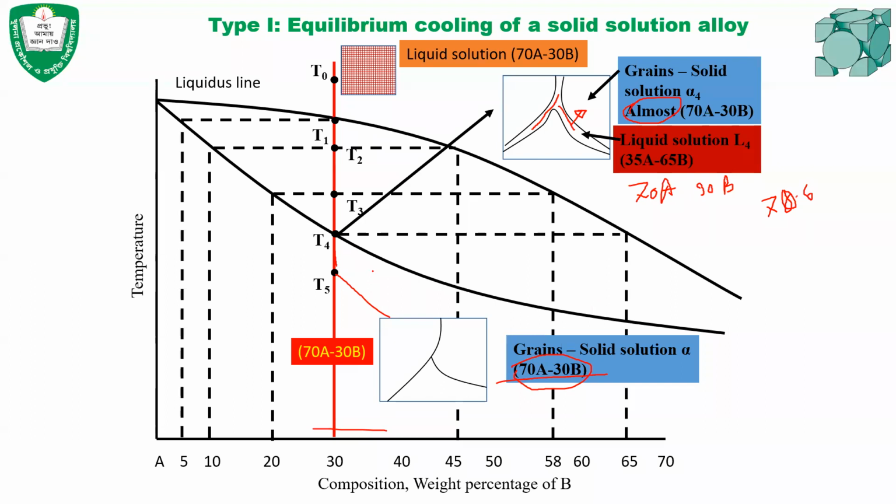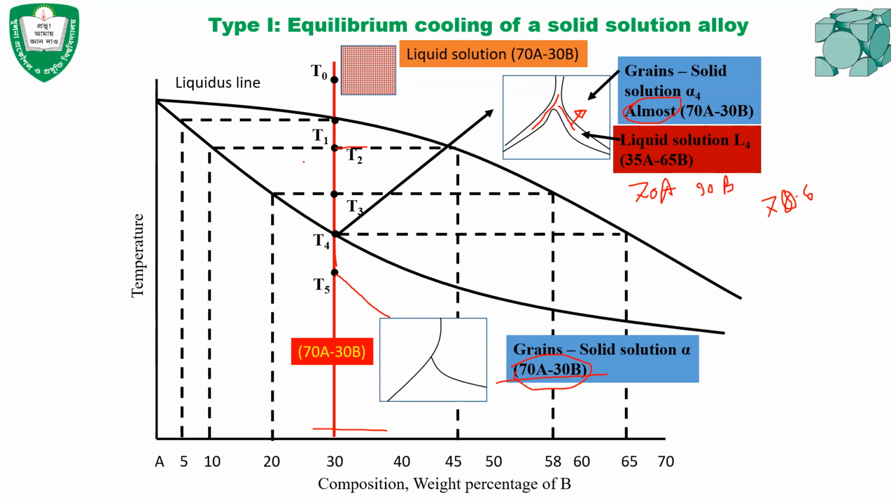Then what is the significance of studying this? Why do we study the equilibrium diagram of a solid solution alloy? To explain that, let's say you heat this 70A30B alloy up to temperature T2 and keep it for some time to reach equilibrium, and then you suddenly cool it.